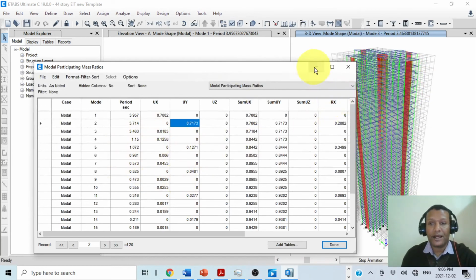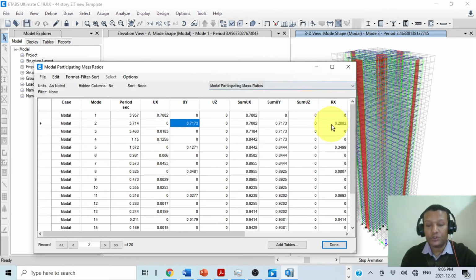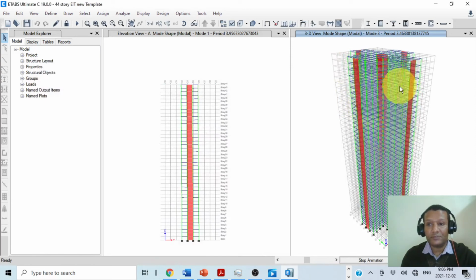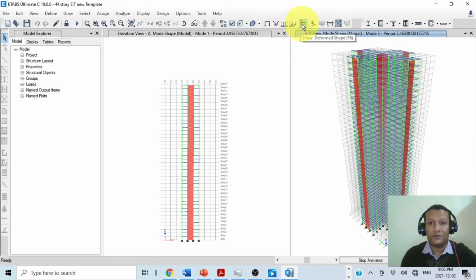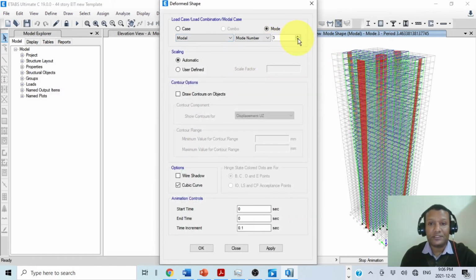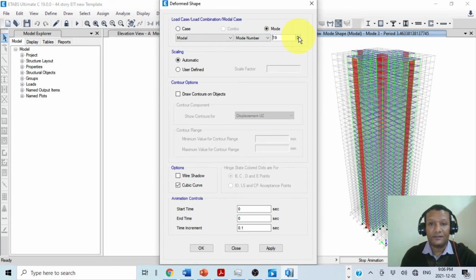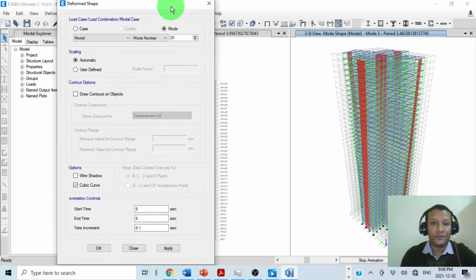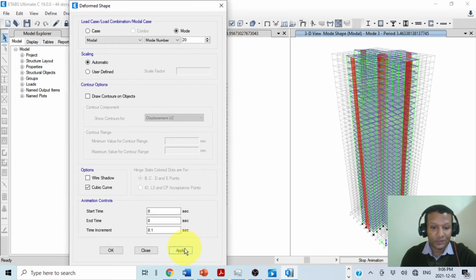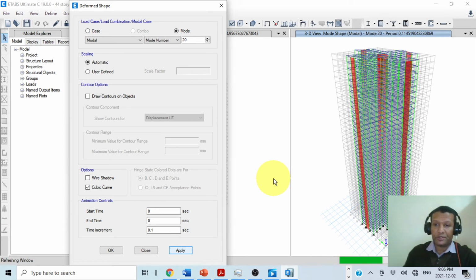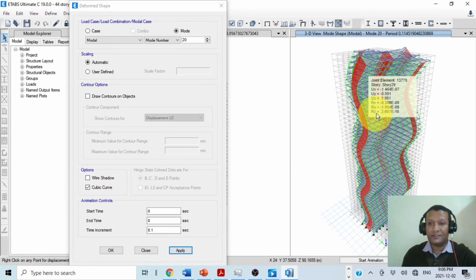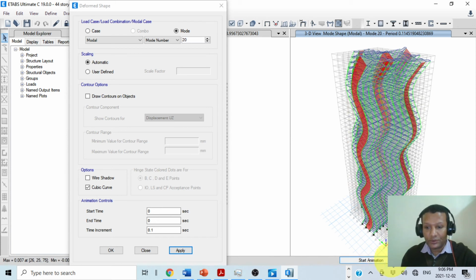So we can go to the higher modes also. I will show you the higher modes. For example, for this one, let's go and see. For example, we have 20 modes. So let's check how 20 modes look. But I have a video I will show you also, because this one is a little bit slow. The 20th mode is like this.